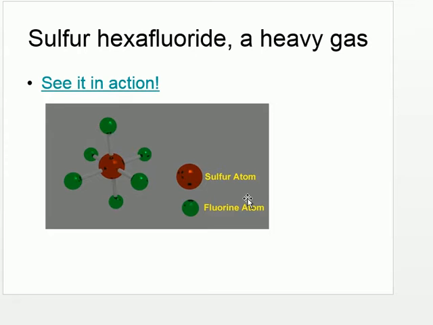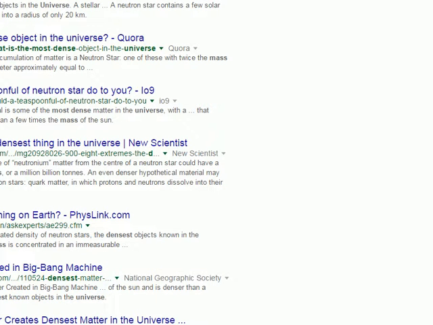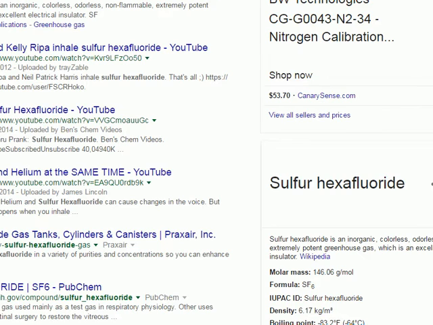Here's a fun thing: sulfur hexafluoride. This is a heavy gas. I want to show it to you. If I can get my link to work here. Let me just do sulfur hexafluoride, and we'll do a video.